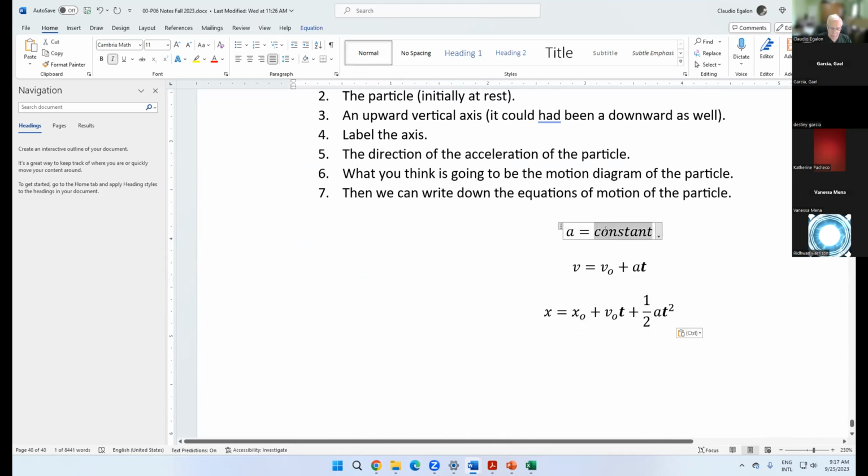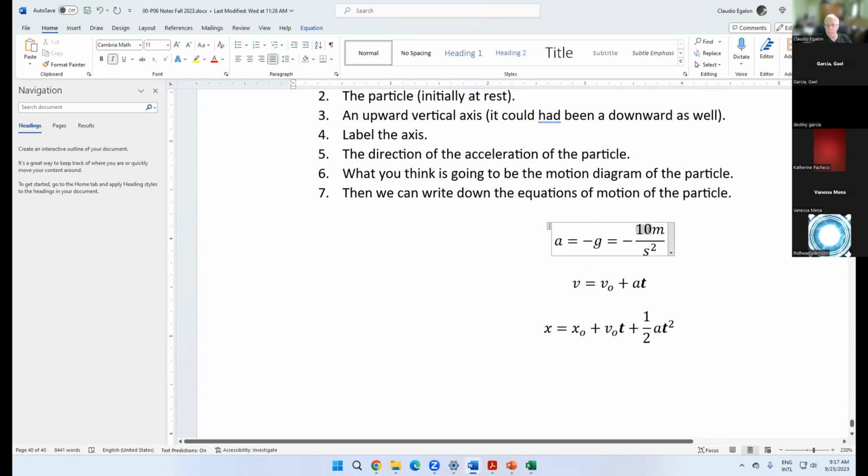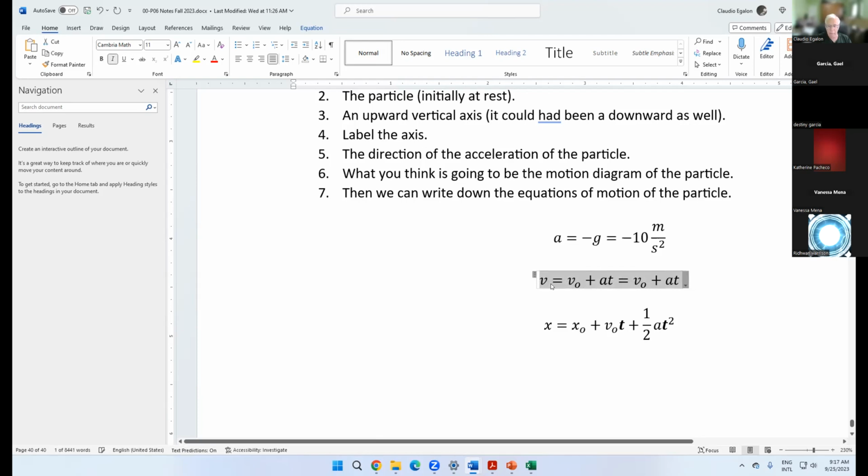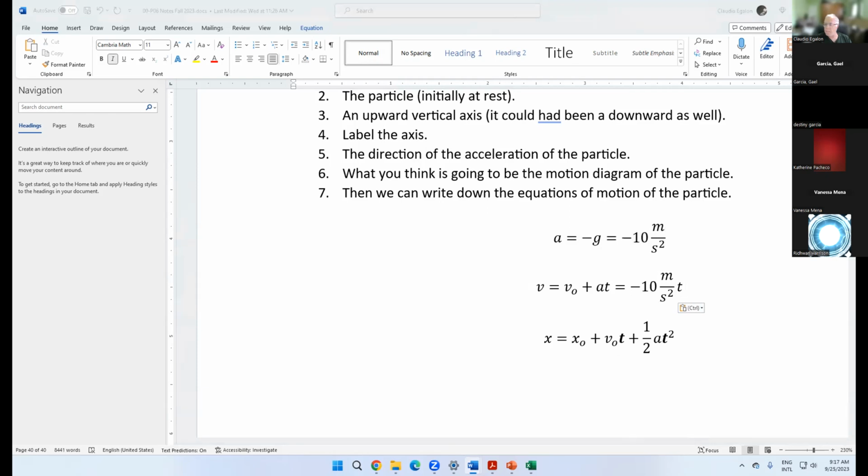And this value in our case is going to be minus g, which represents minus 10 meters per second squared. The velocity is v naught plus at. Okay, and we are going to simplify that. V naught, we already know that's 0 for that special case. And the acceleration, we just substitute the value, minus 10 meters per second squared.